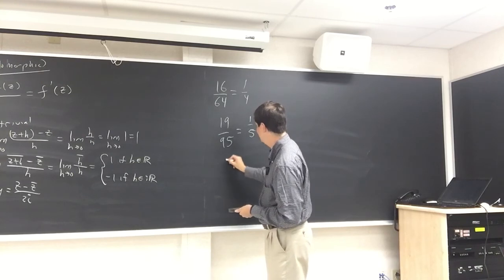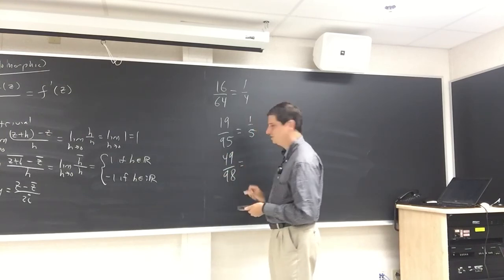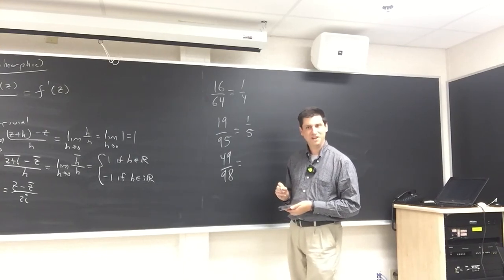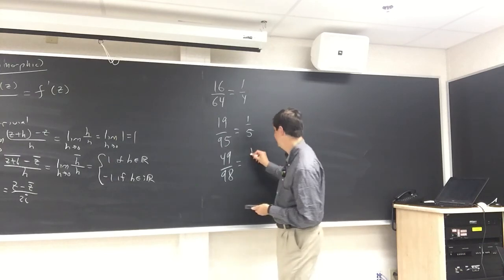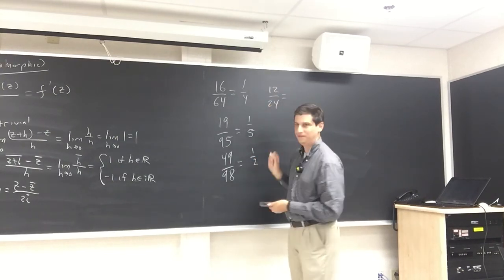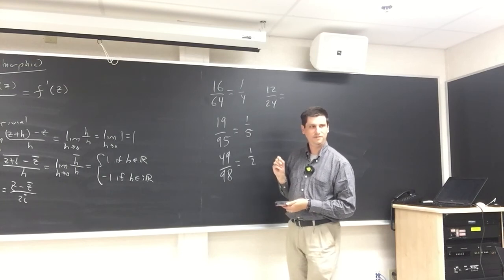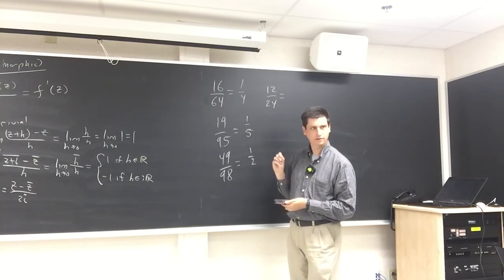It's Monday morning, could be a long weekend. All right, how about 49 over 98? That's a harder one. Yeah, see, it's not so easy now, huh? 1/2. 12 over 24. I'm sorry? 1/4. Right?